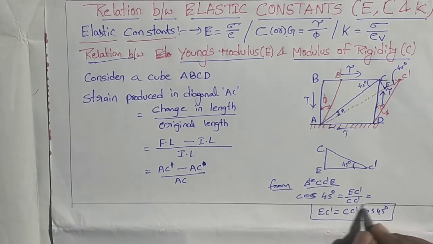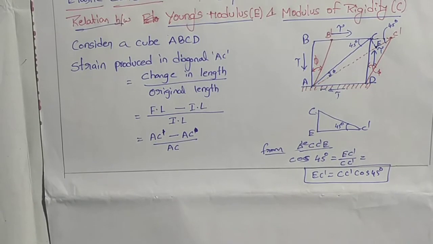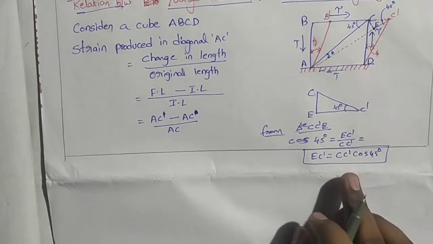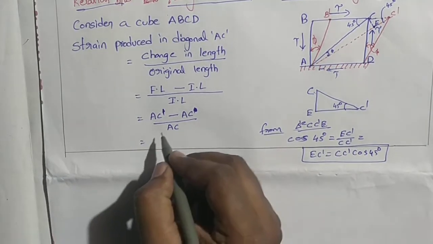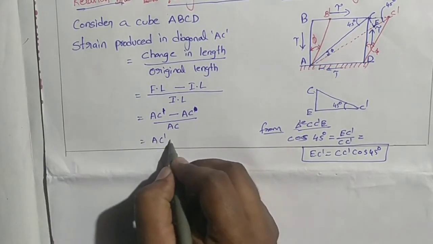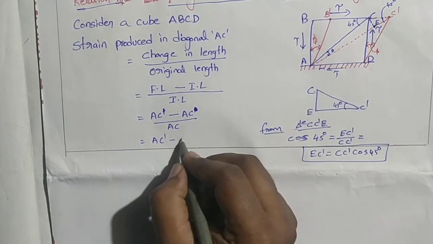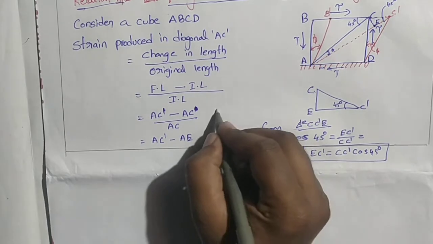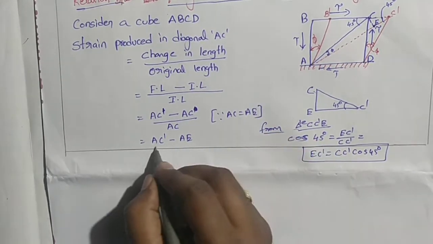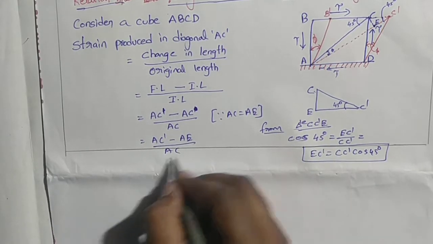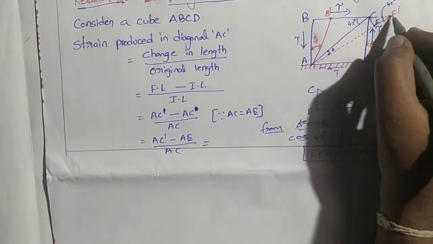From this triangle we calculated EC dash equals CC dash cos 45. Here AC dash minus AC can be written as AC dash minus AE, since AC equals AE.